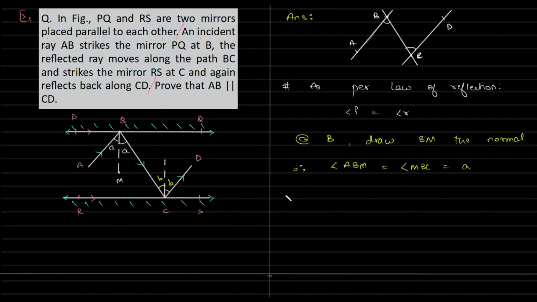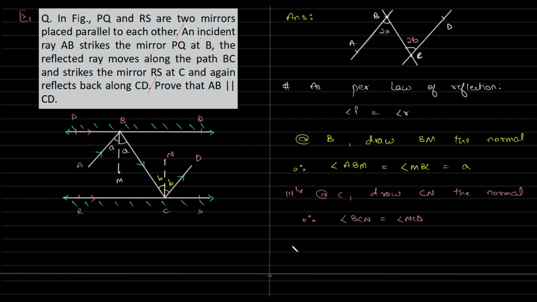So similarly at C, draw CN, the normal. Therefore angle BCN is equal to angle NCD. So this angle is 2A as per this, and this angle is 2B. So if I prove that 2A is equal to 2B, we are done. Okay, so that is our agenda.